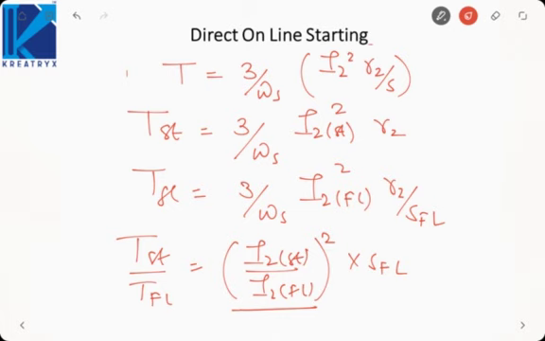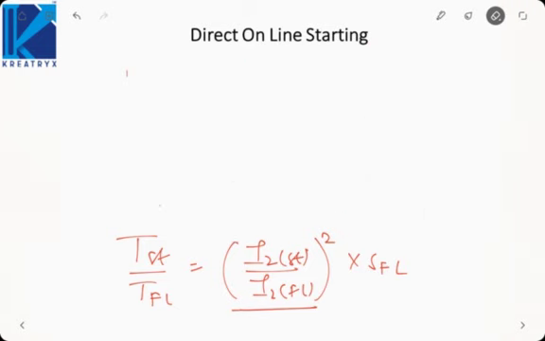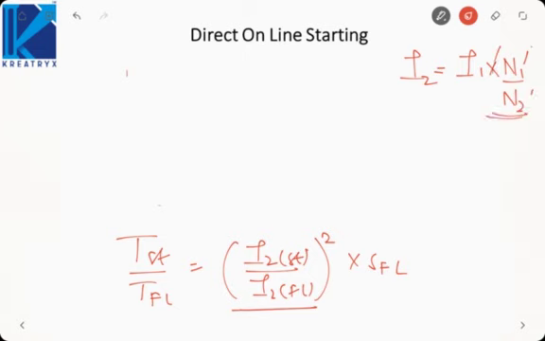Now these are the currents on the rotor side, but I can measure the current only on the stator side because stator side electrical terminals are present. So we transform using the relation I2 will be equal to I1 into N1 dash by N2 dash. This factor of N1 dash by N2 dash will get cancelled out between I2 starting and I2 full load.